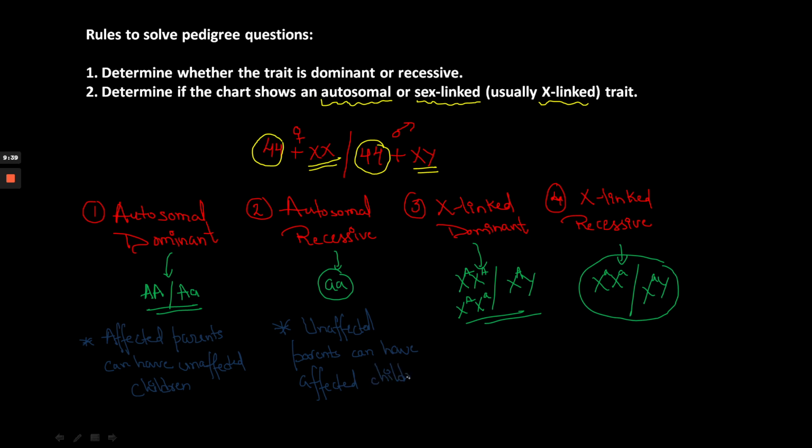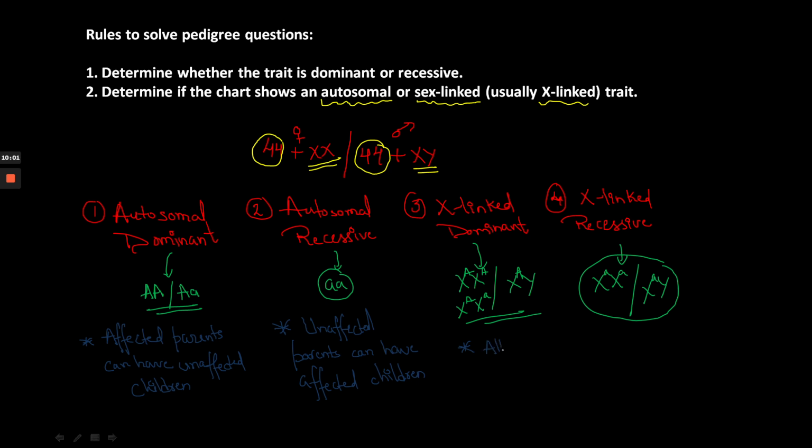So if you look at the pedigree and you notice that the parents are unaffected but they are having affected children, then you will have the direct idea that yes, this pedigree has to be an autosomal recessive one.